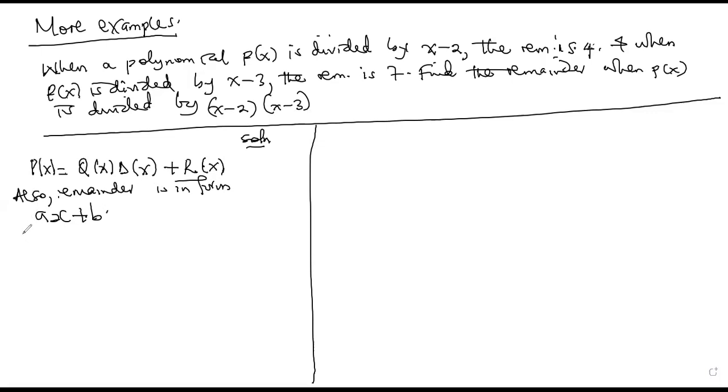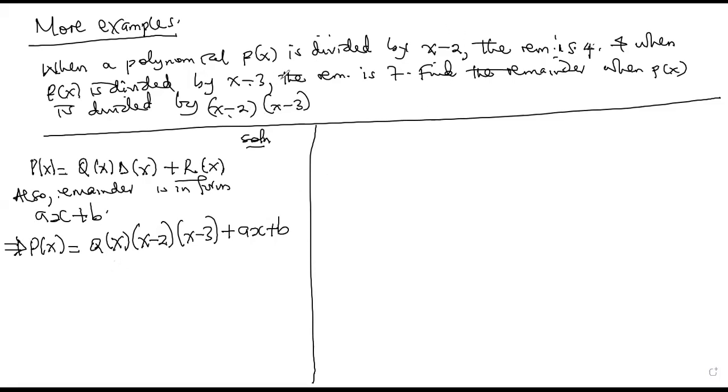Implying that my P of X, if I'm to put the information given, is equal to quotient of X, which I don't know, times the divisor. Bring this quadratic divisor; these are components of this quadratic divisor. So times X minus 2 times X minus 3 plus the remainder, but my remainder is in the form AX plus B because of the nature of the divisor.